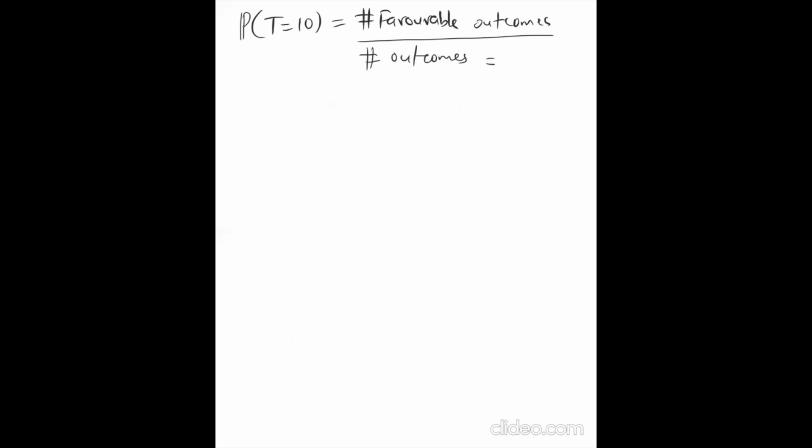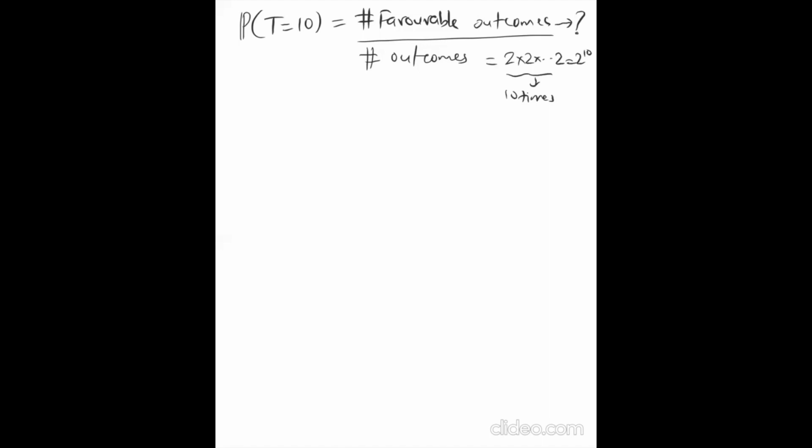Now t is equal to 10 means you have taken 10 steps, and at each step you have 2 options. So the number of outcomes is, as we did before, you just multiply 2 ten times. That's going to be 2 raised to 10. So we just need to find the number of favorable outcomes.